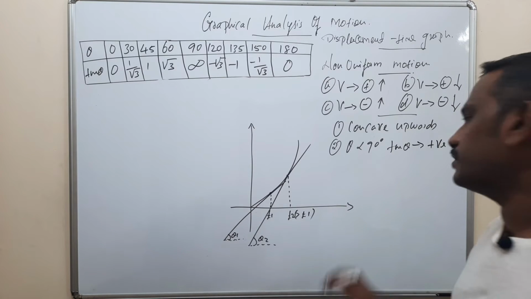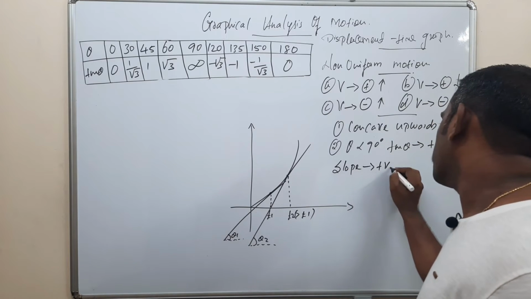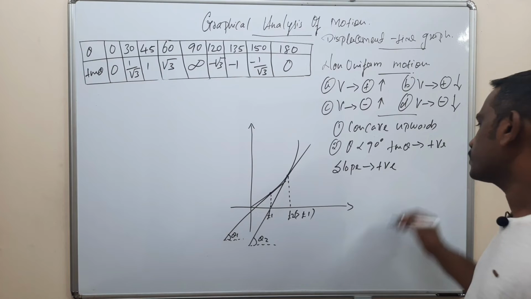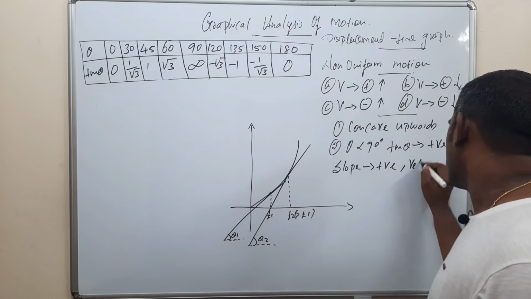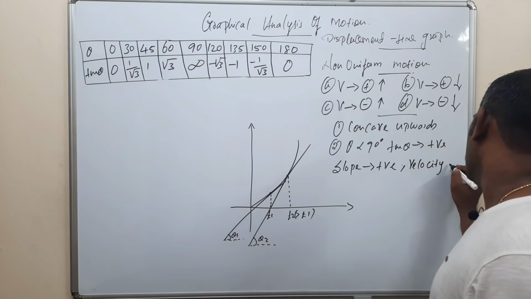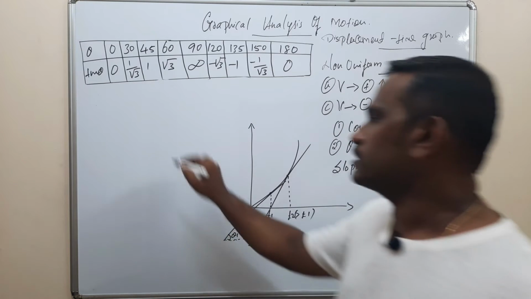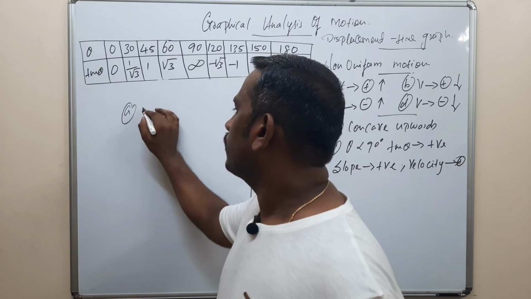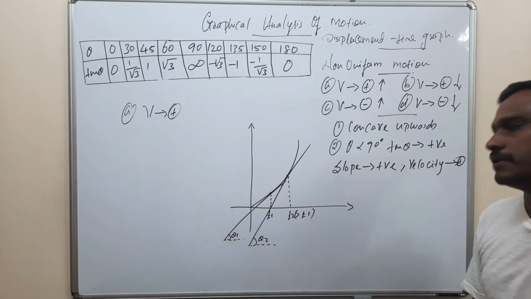Tan theta positive means slope positive. Slope positive means velocity positive. So here, A, velocity positive.